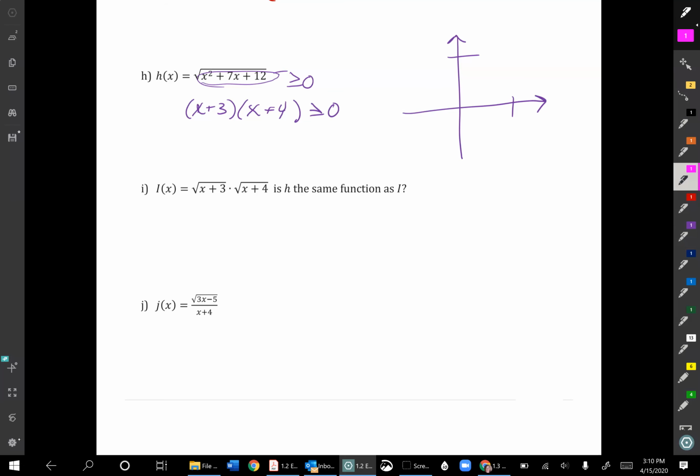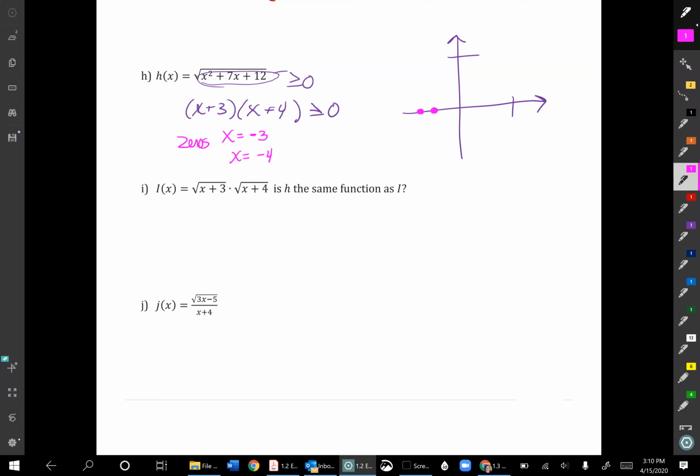And if we look at the zeros here, this would be x equals negative 3, or x equals negative 4 for the zeros. That's what I'm looking at.